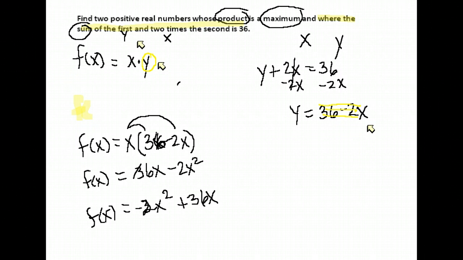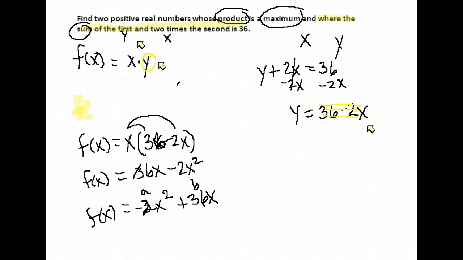Now, to find our vertex, which we want because that's our maximum value, we know we will have a maximum because our a, our front number, is negative. Okay, here is our a, here is our b. We do not have a c in this case, but we don't need it for vertex anyways.